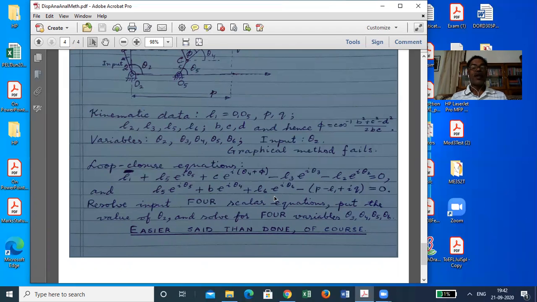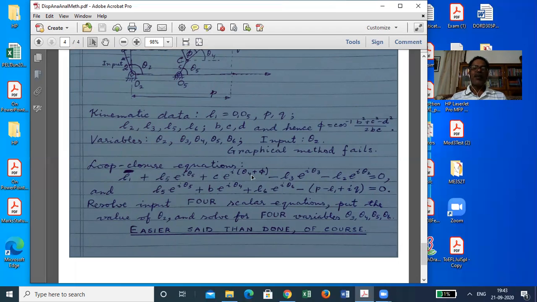Then there are 4 unknowns, because as you put the theta 2 value, then theta 4, theta 3, theta 5, theta 6, 4 unknowns remain, and you can solve them from 4 equations. Of course, it is easier said than done, because solving 4 simultaneous equations is not child's play, but it is not that difficult. Why? I'll tell you.